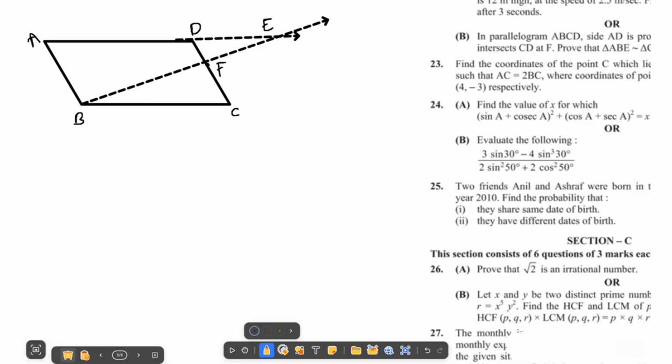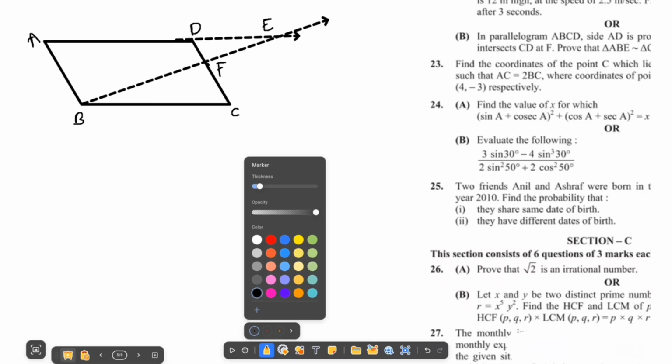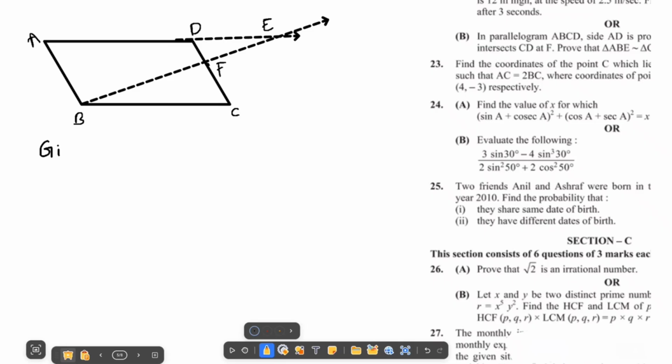Let's write what is given first. So it is given that ABCD is a parallelogram first.